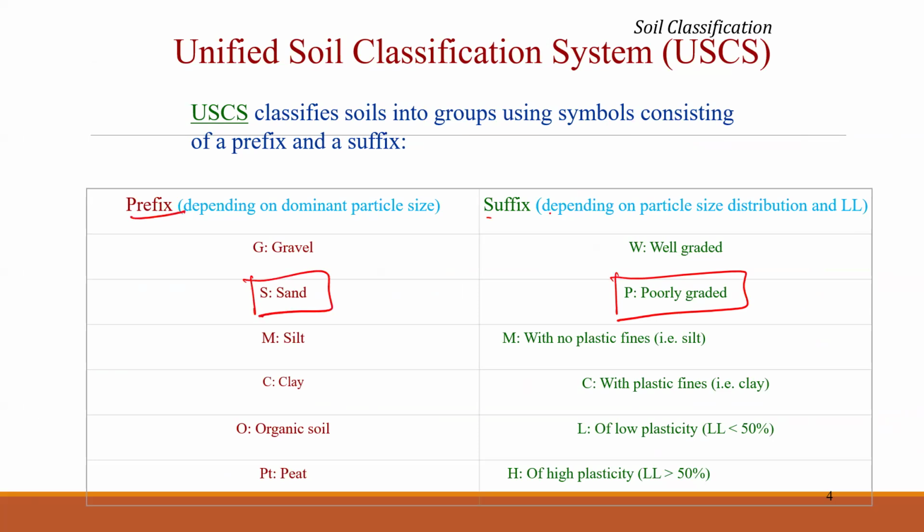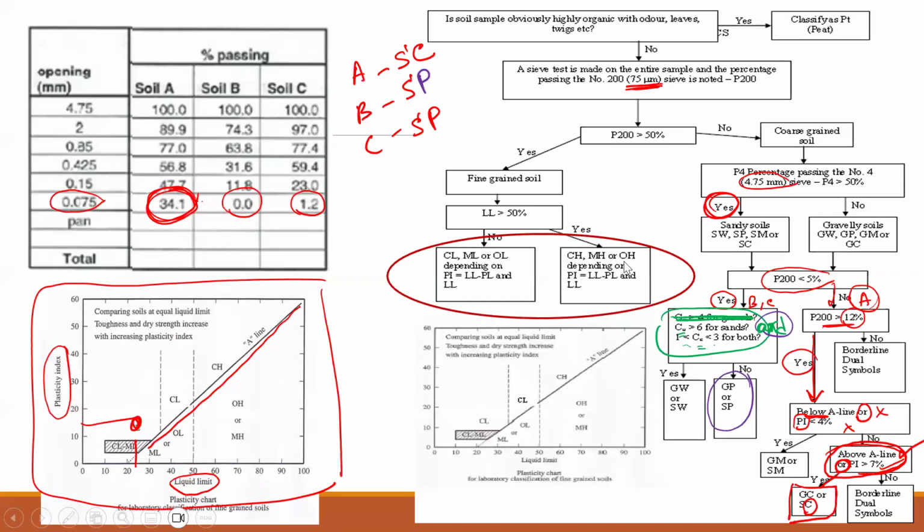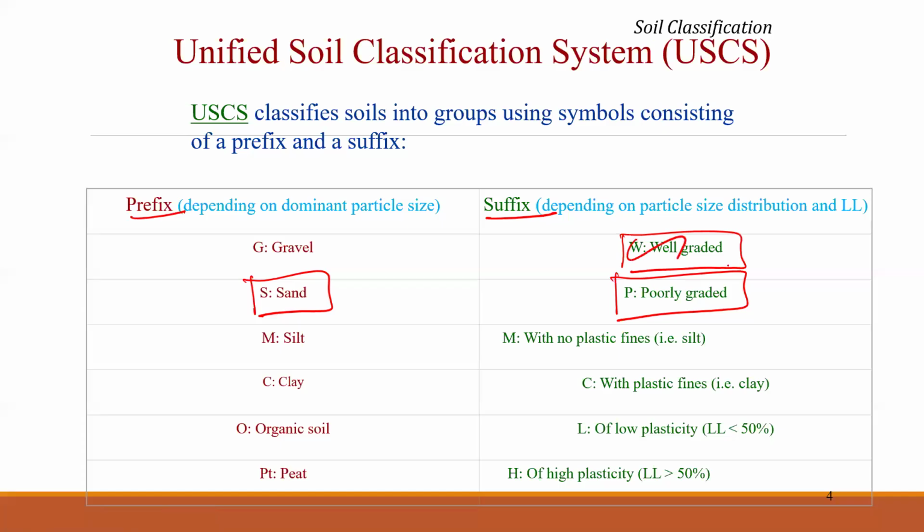So prefix and suffix we got as SP for both B and C. What did we get for the other? SC. SC stands for sand with plastic fines. So A is SC, B is SP, and C is SP as well.